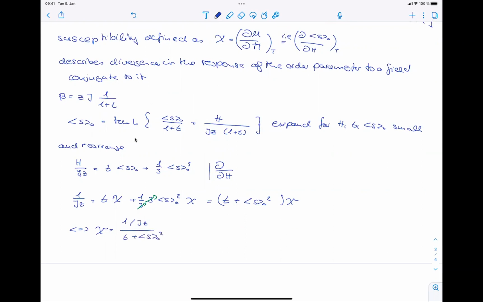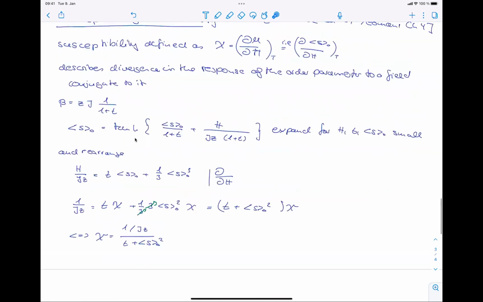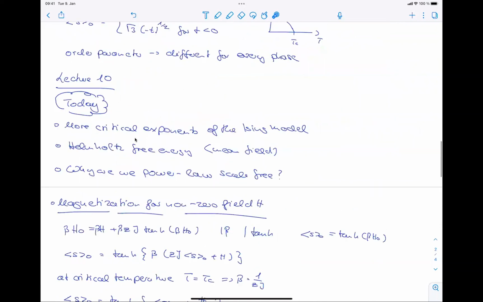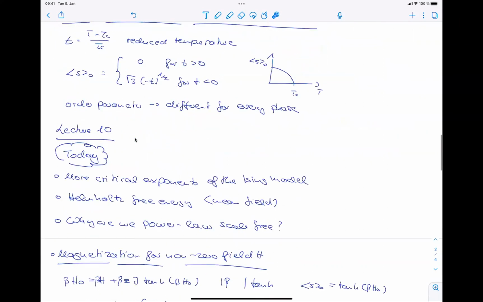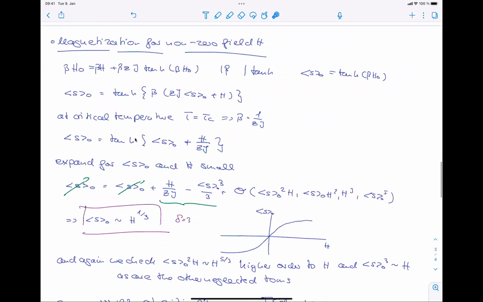Okay. And now we know the behavior of the magnetization at criticality. And so we can now look at the two limiting cases, again going back to our cheat sheet from today, which was, remember, we had the magnetization being 0 above the critical temperature and scaling like square root of minus T to the power half below criticality.